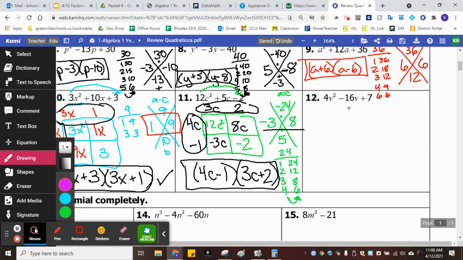Last one. 4 times 7, 14, 28, and negative 16.